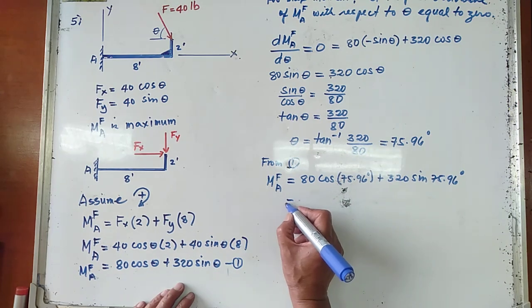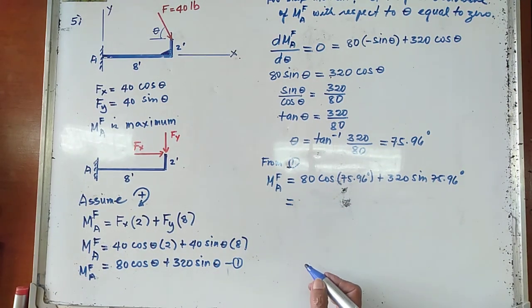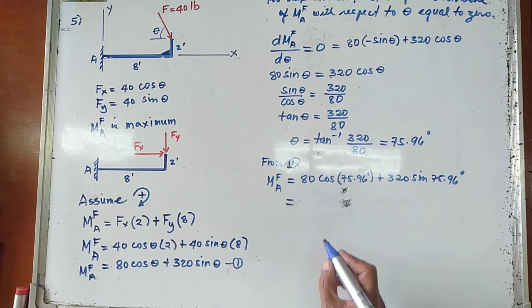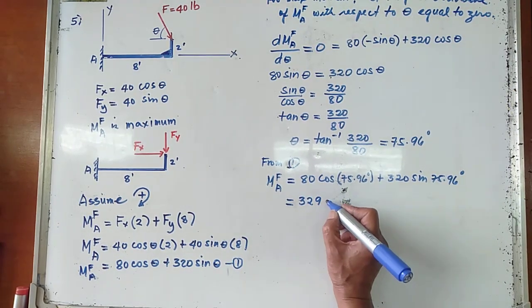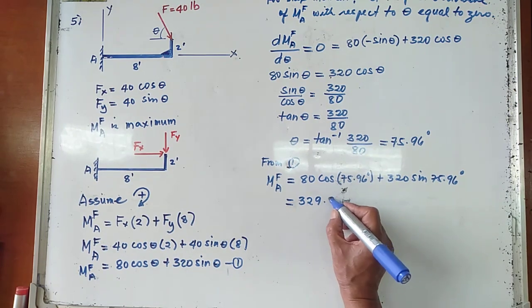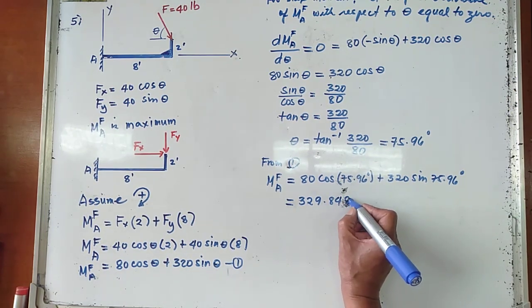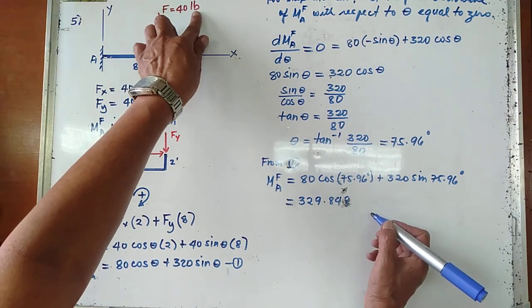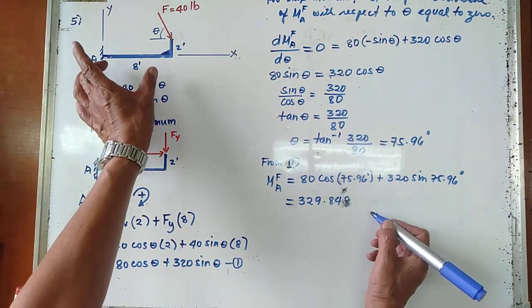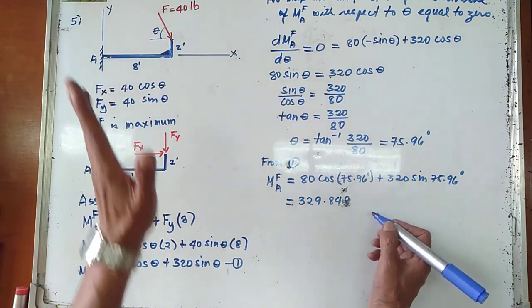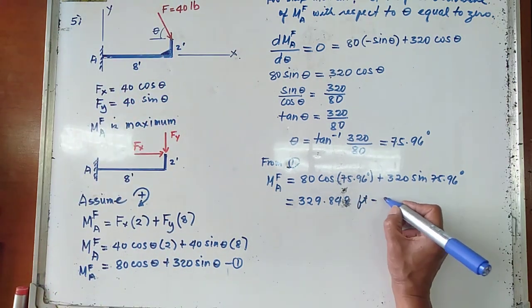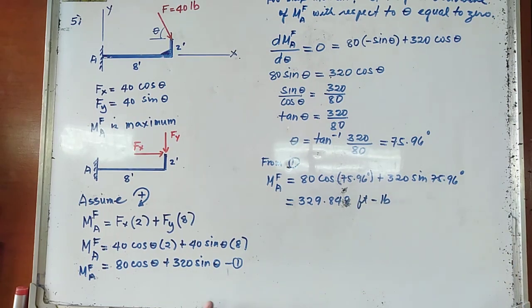So the maximum moment of the force F about point A is equal to 329.848. The unit of the force is pound and the unit of the distance is in feet, so that is pound-foot, or foot-pounds. That is the maximum moment of the force F about point A.